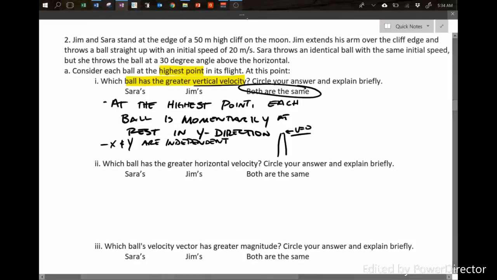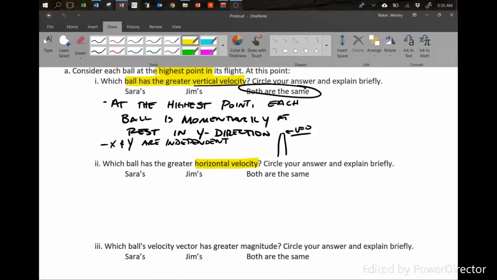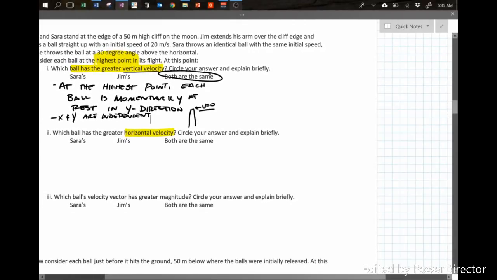The next question is still asking about the top, still looking at the highest point, but now we want to know who has the greatest horizontal velocity. Now would be a good time to draw what Jim and Sarah's projectiles are doing. So we're at a cliff on the moon. Jim's ball, 20 meters per second, goes straight up, straight down.